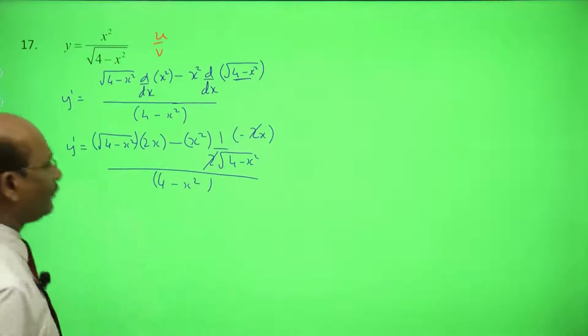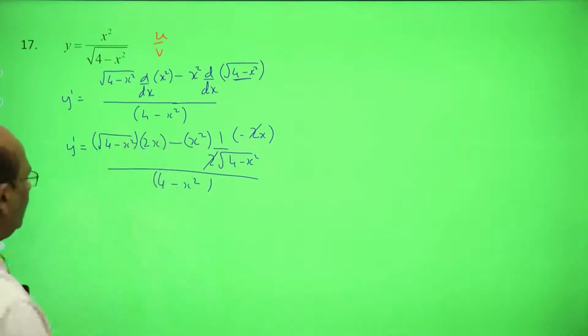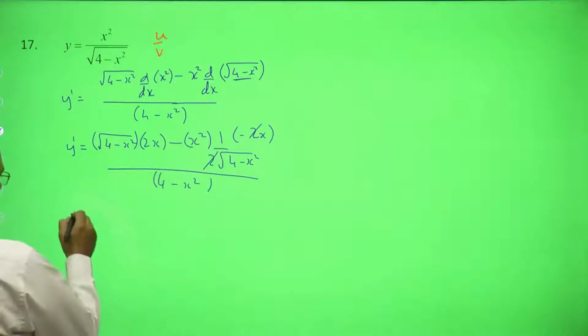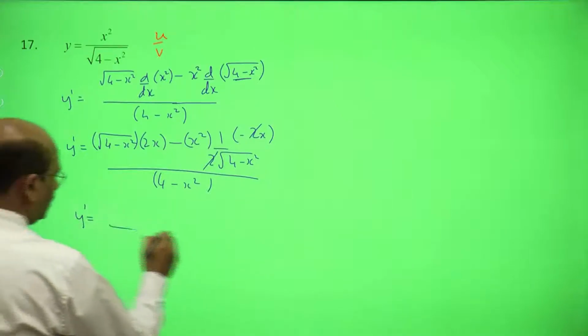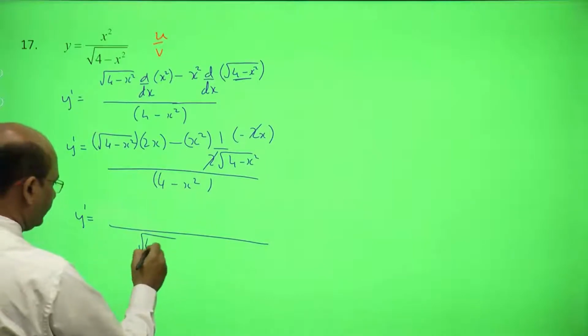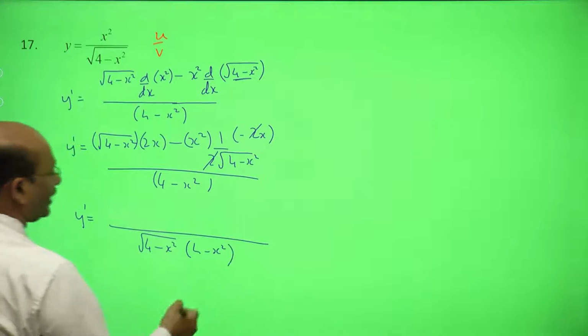Now children, one thing I want you to observe here. If you look at the numerator, it is a little bit of a cheeky thing there. So what I am going to do is find the LCM of the numerator and simplify it out, right? So y dash, the LCM of the numerator will join the denominator, and see what happens.